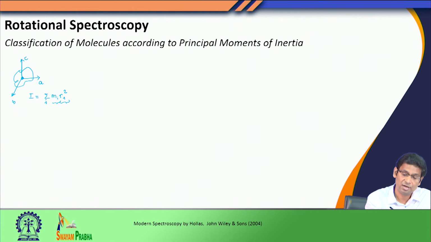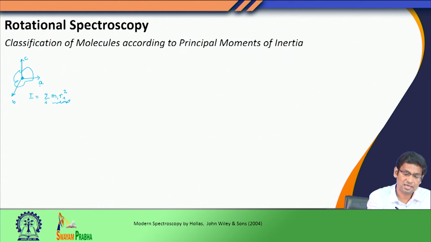So, therefore, this distance r_i is the distance from the axis, and if this particle, which in our case is a nucleus, happens to be on the axis, then of course r becomes 0. So, that particular particle will not contribute anything to the moment of inertia.